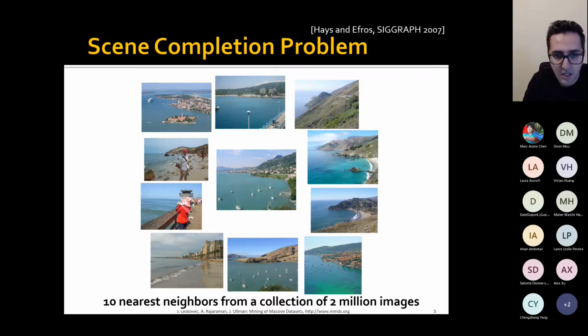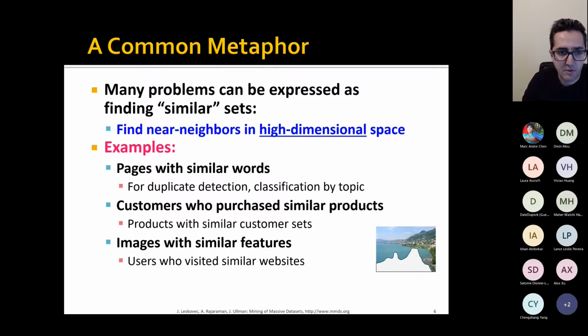right? So the problem that we want to look at today is finding similar sets, or in other words, finding near neighbors in high dimensional space. Examples of such problems are pages with similar words, or customers who purchase similar products.